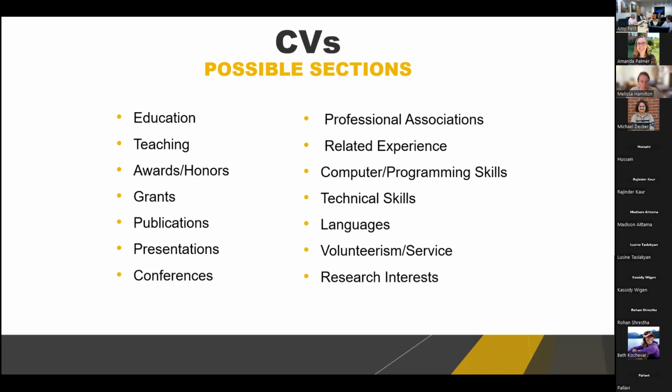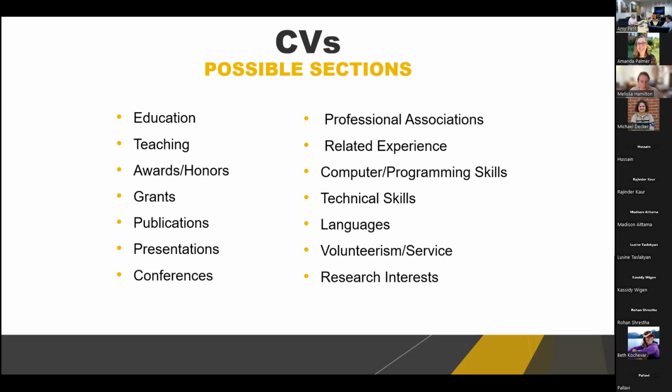And one thing that's very, very important in a CV is transparency. So if you are putting a grant that you've received, make sure you include the PI on the grant, the amount. If you are listing publications of yours and you were not the only person involved in that, make sure that everybody's listed on that. You can definitely bold your name in that series if there's a lot of people in the publication.